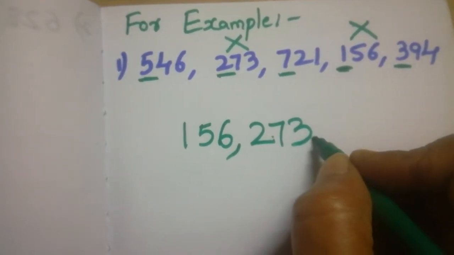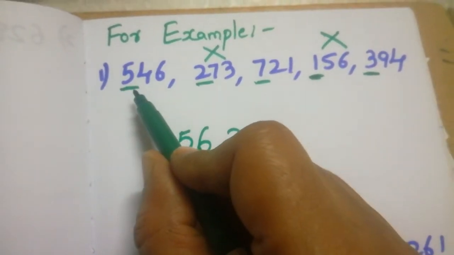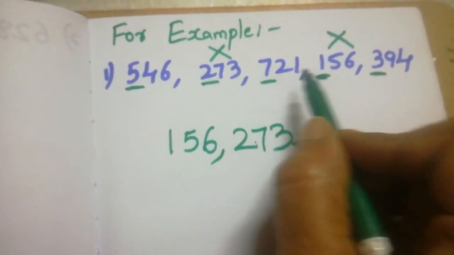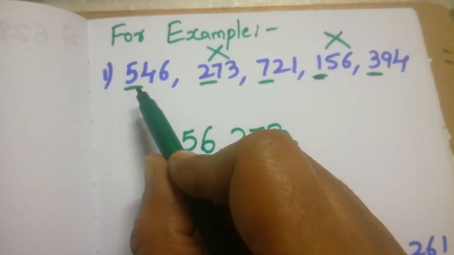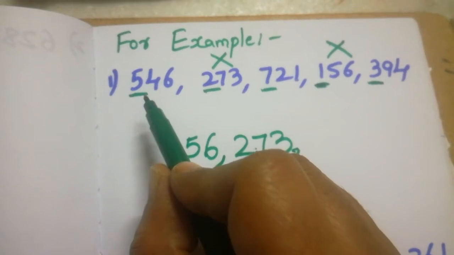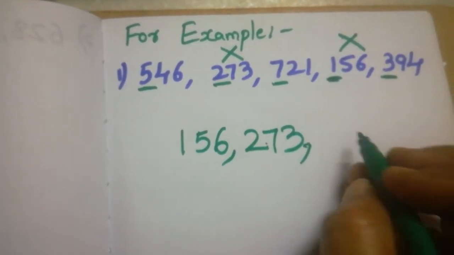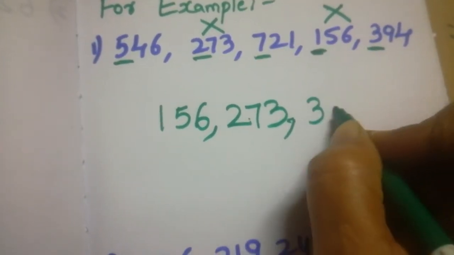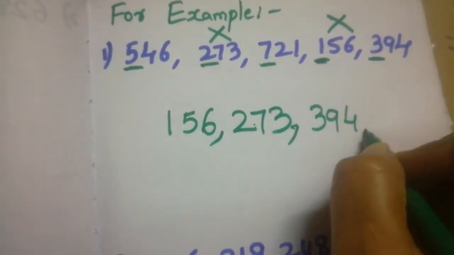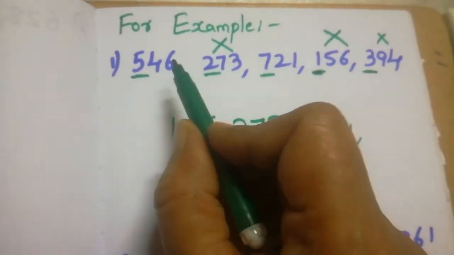Now the remaining 3 numbers are left. So if you compare the remaining 3 numbers, when you look at the hundreds place, 3 is the smallest. So the other smallest number is 394. So now 394 is also completed.